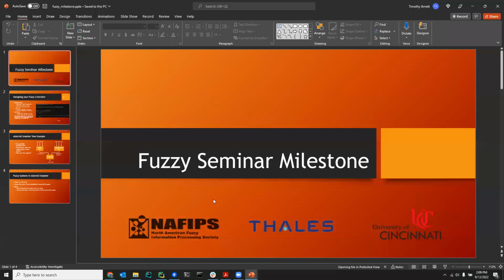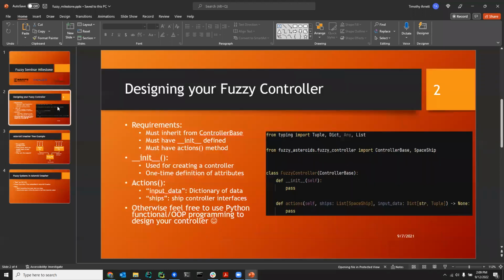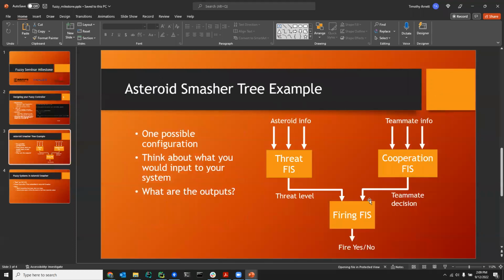The last thing we're going to talk about is the milestone. I've already talked about designing fuzzy controllers in Asteroid Smasher. Your milestone is that you will be creating a fuzzy tree in Asteroid Smasher. You're going to create a structure using multiple FISs, define those FISs, and calculate metrics based on the asteroids or whatever other state information you care about.